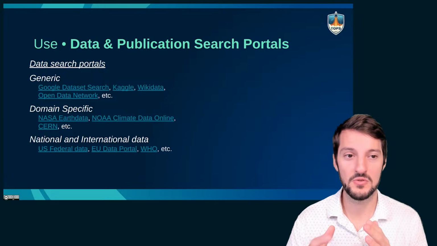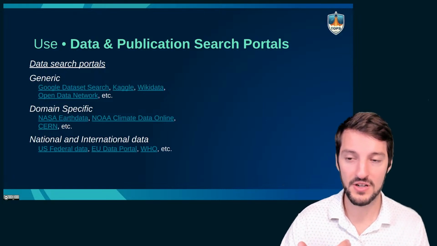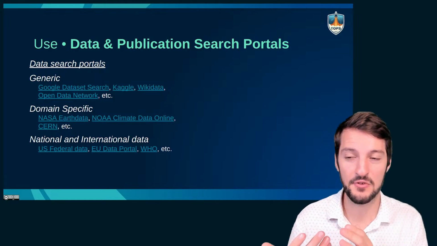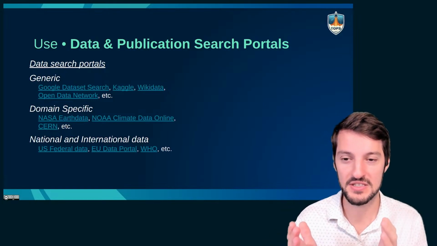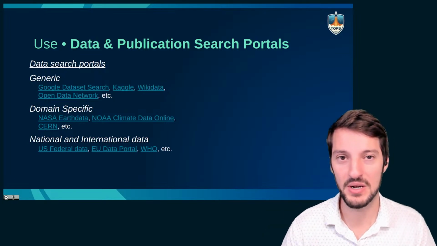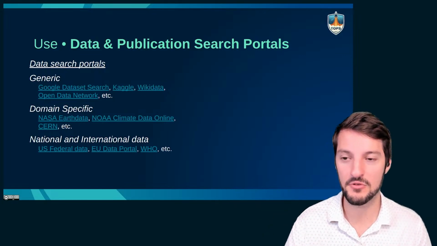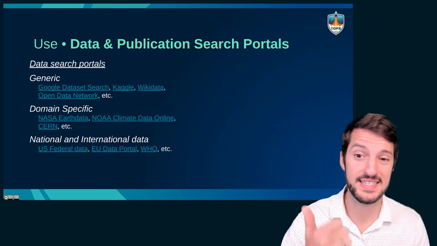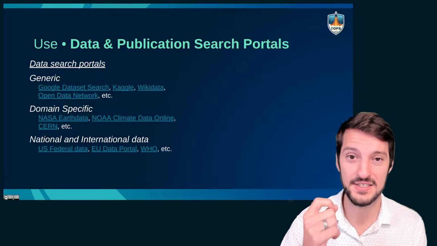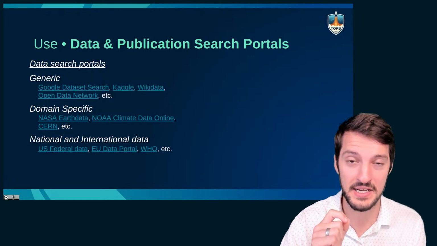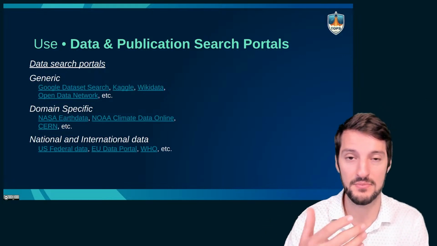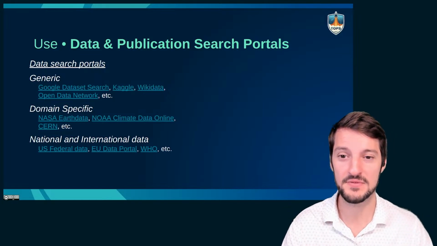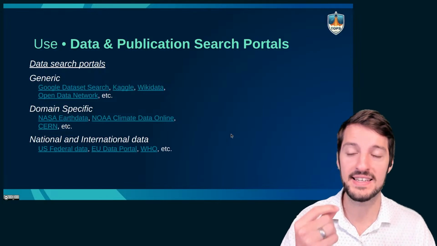So if I want to do some analysis or research on maybe U.S. Census information, so broad population questions, then I could use U.S. federal data or the EU data portal or something from the WHO. Many governments and nonprofits provide search portals for you to use data freely or with some paid caveat on top of it. So these are three types of search portals that we can use to find data.